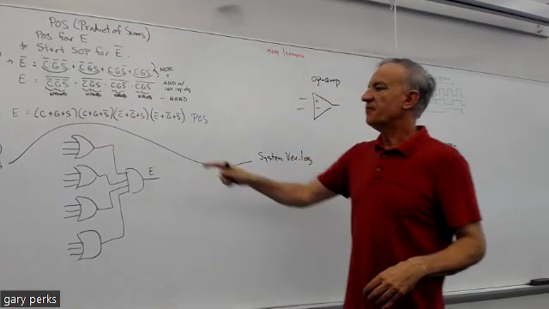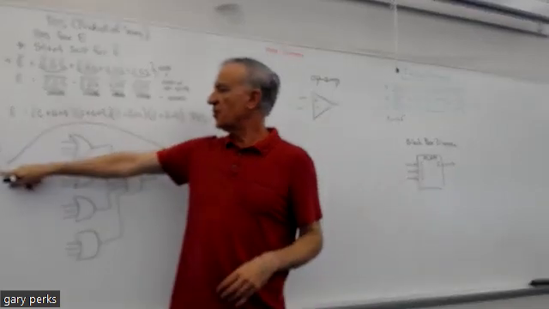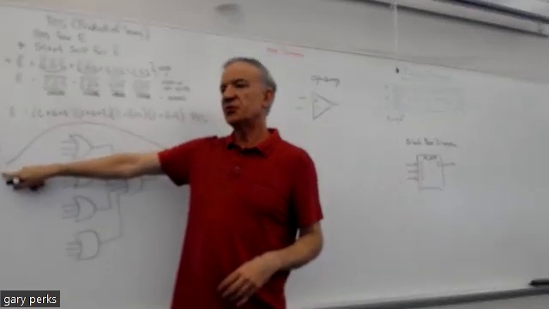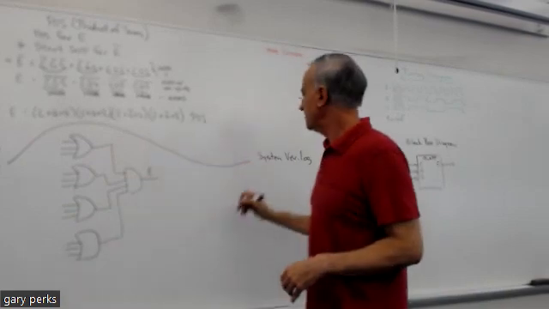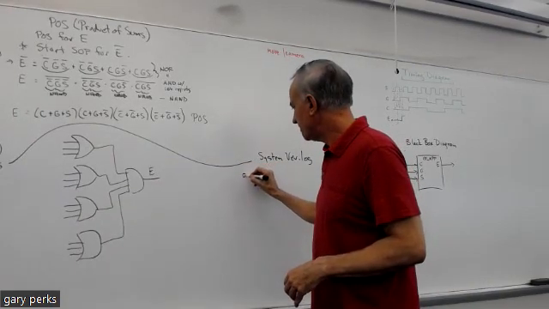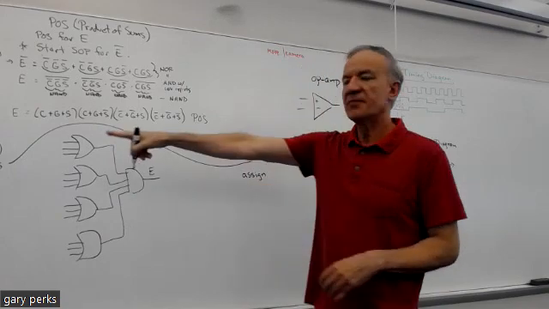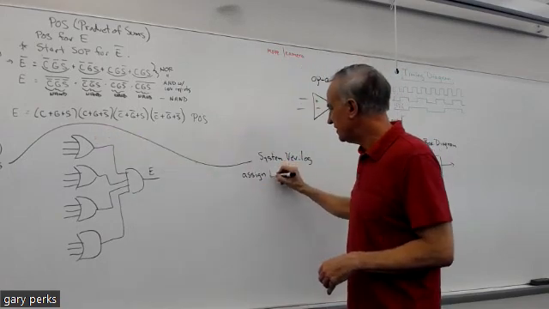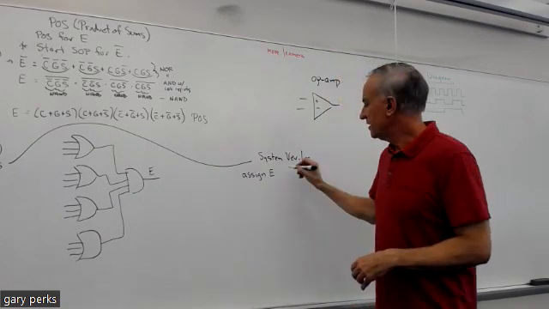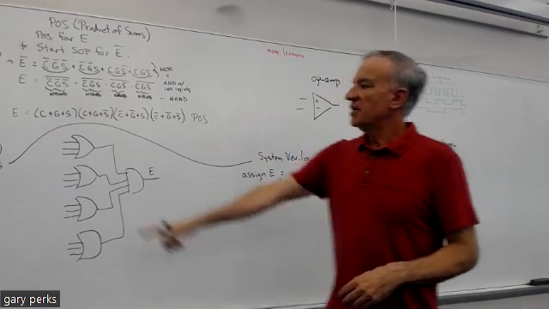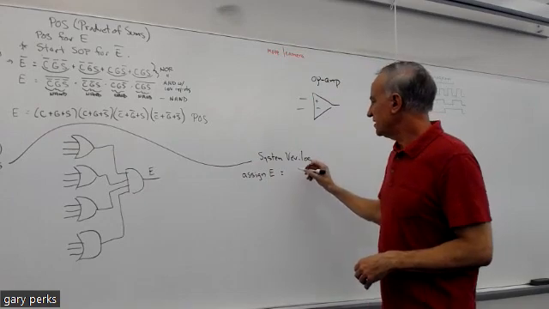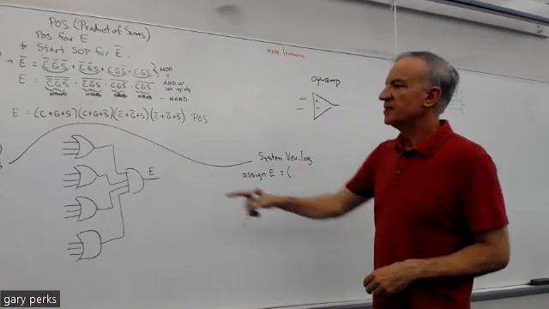If I was going to write the code in SystemVerilog for this Boolean equation, first you use what's called assign, and then you put the output, so we put assign E, and then equal. And then in parentheses.